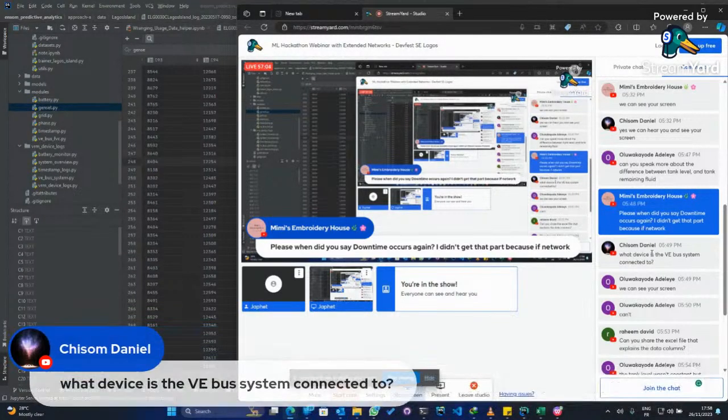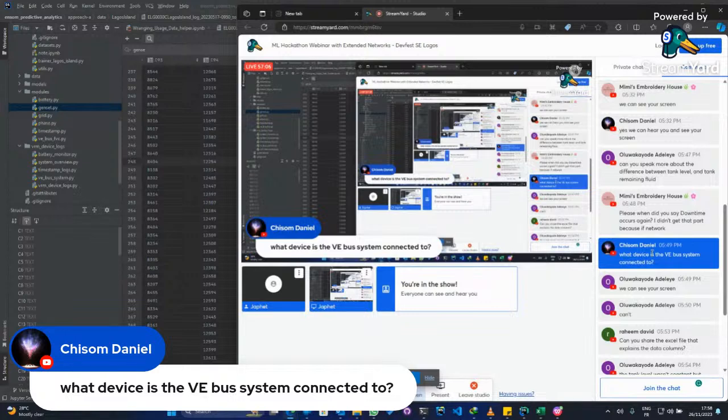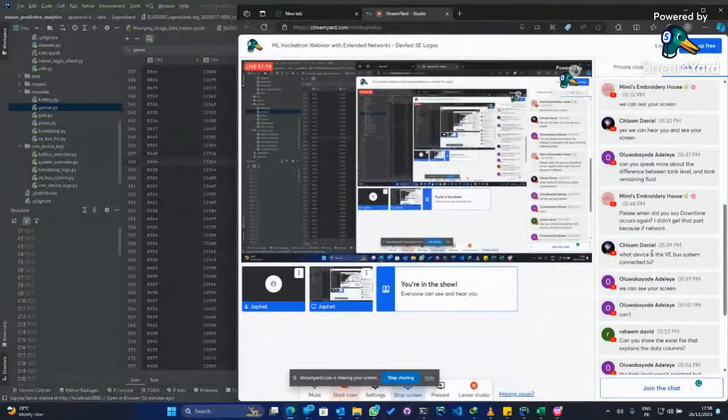Like I mentioned previously, the configuration of the logs is done by the site analyst. So they might decide that they connect the genset to the VE bus system, let's say, and they can do so for the battery.